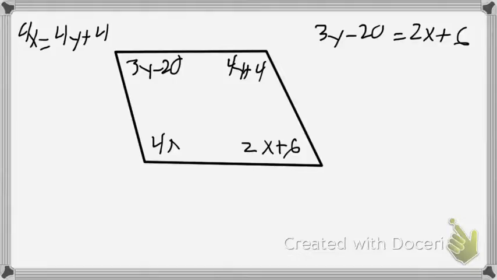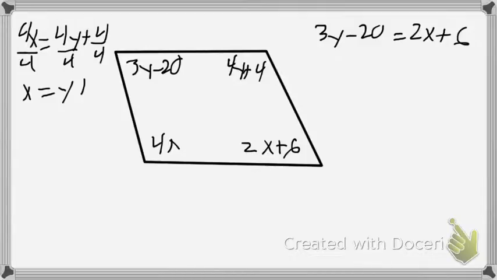Over on the top left, we have 4x equals 4y plus 4. Top right, we got 3y minus 20 equals 2x plus 6. So we have to get a little bit creative. We look up top left and we go, hey, all of those numbers are divisible by 4. So we're going to divide all of them by 4.